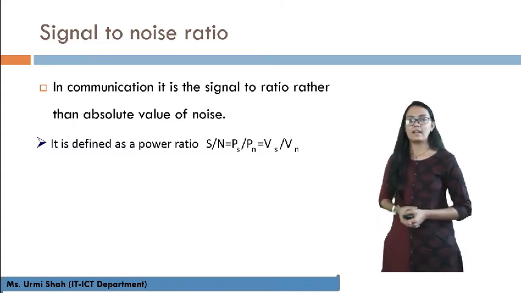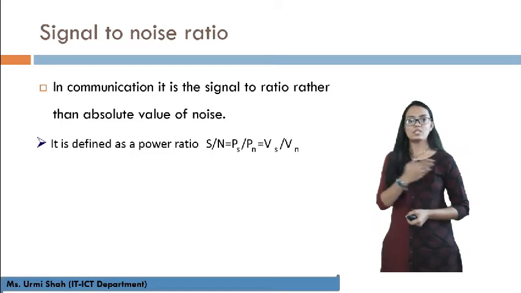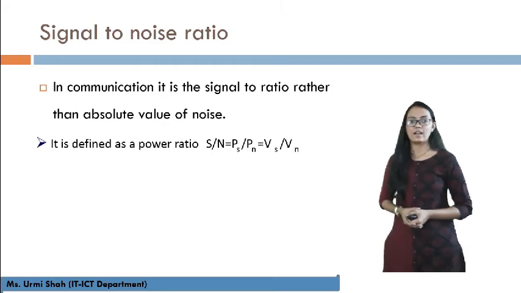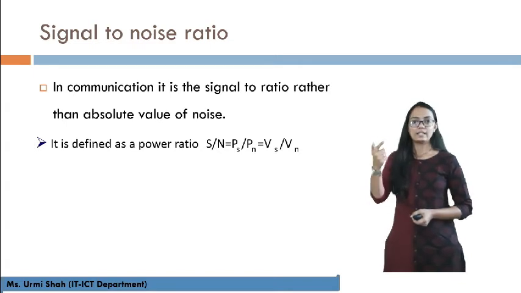What is SNR? SNR is the ratio of signal to noise, which tells how much signal is transmitted from one end to another end with respect to noise. So the SNR ratio tells us the amount of noise introduced in signal transmission. It has the formula signal power upon noise power, or signal voltage upon noise voltage.